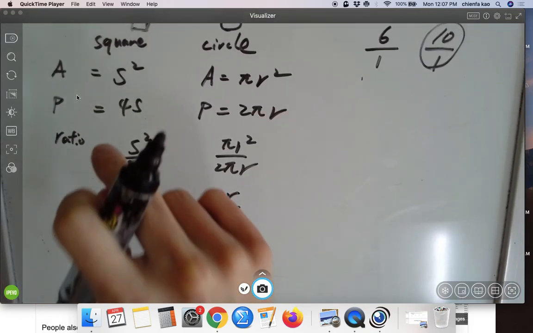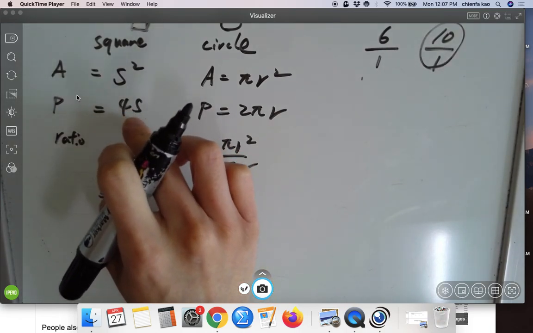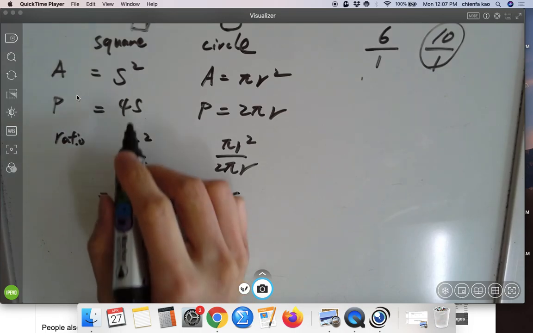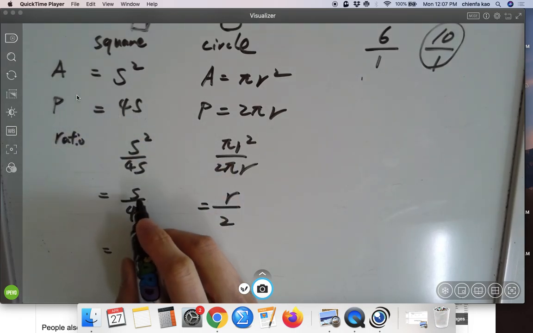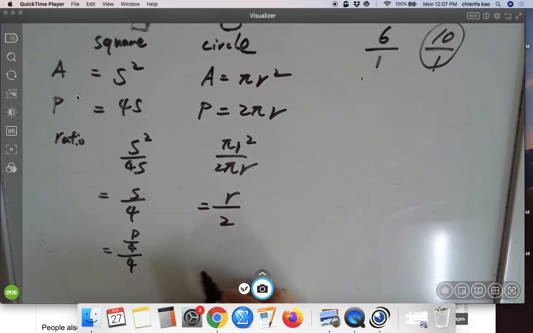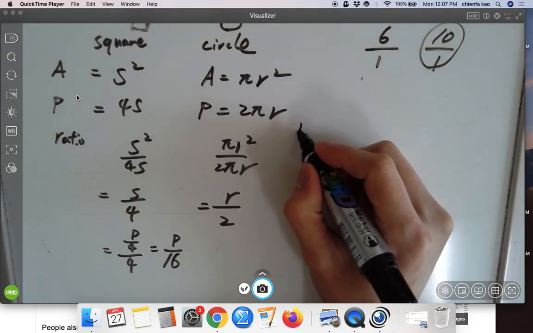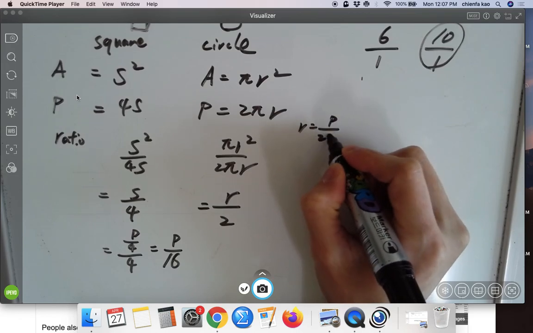So let's convert this. Let's solve for S. For this one, S is P over 4. So S becomes P over 4 over 4. If you simplify, it becomes P over 16. Let's do this one. R equals P over 2 pi.